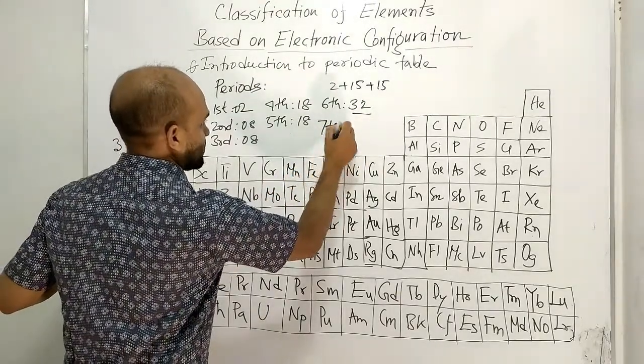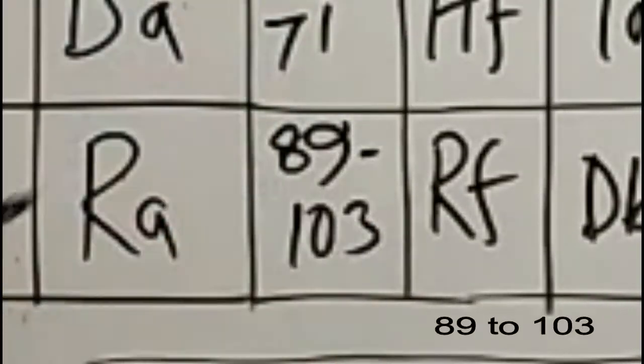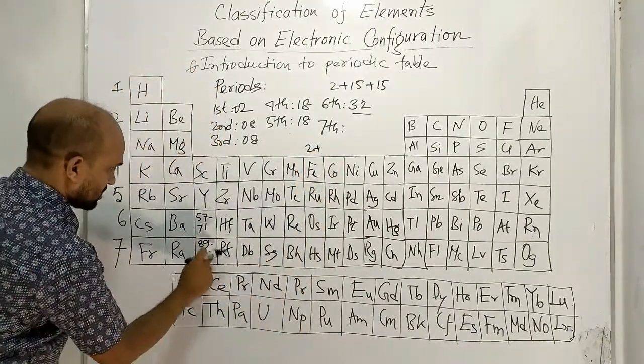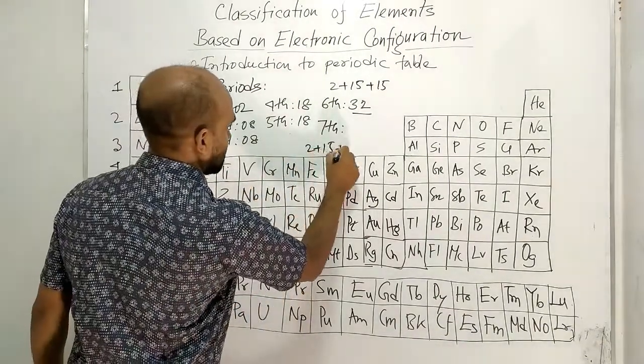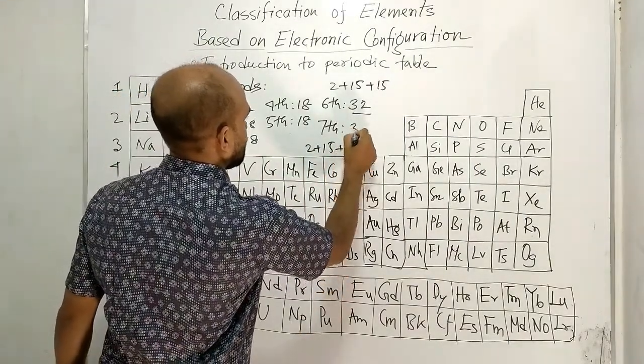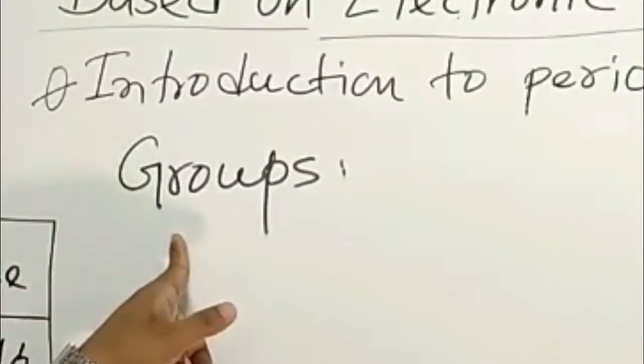Now 7th period similarly 2, here 15. Atomic number 87 to 103. That is 2 plus here 15, and after that here 15. So total 32 elements.